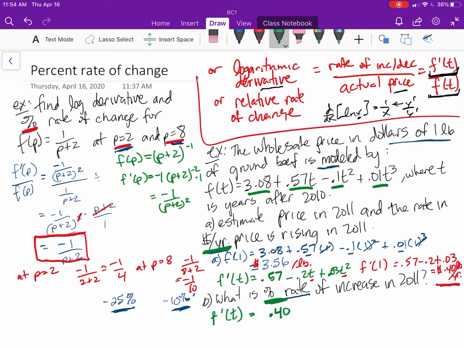So the rate of change was 40 cents over the original, which was 3.56, and plug that in a calculator, we get about 0.112, but it wants a percent, so that's about 11.2% when we move the decimal twice. Right, so it's always the change over the original. So the percent rate of increase, it's increasing 40 cents from the $3.56 in 2011. If we computed later, we may get different values.